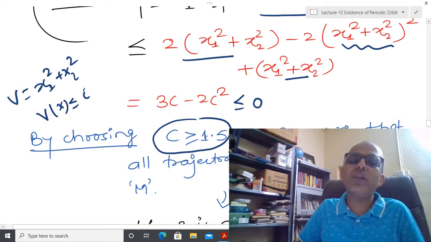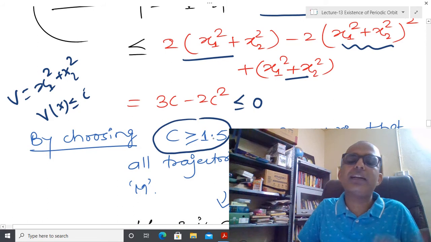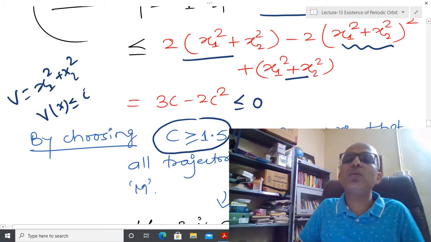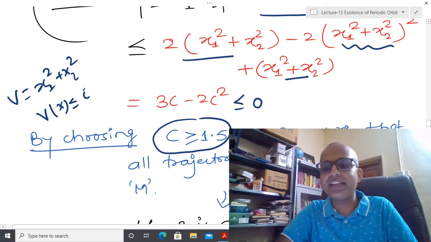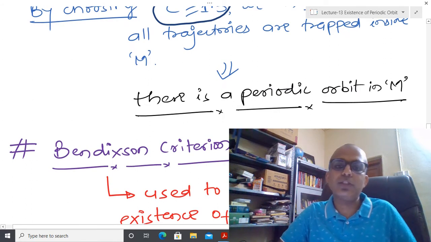Suppose someone takes c that is not greater than or equal to 1.5, they take c as 1, then V(x) equal to 1 is a closed orbit, but that is not going to allow some kind of periodic orbit. So in this way we are able to understand when a periodic orbit comes into picture and when it does not.